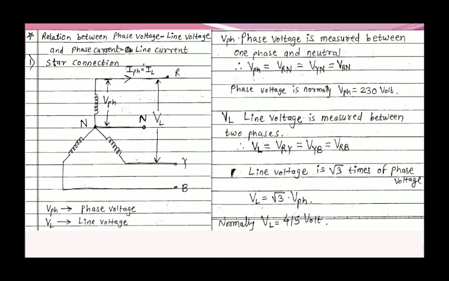Further, I will explain the relation between phase voltage and line voltage, and phase current and line current in star. We will understand star first, then we will go to the delta connection. As I said earlier, this connection looks like a star, that's why we call it a star. There are three phases here, R phase, Y phase and B phase.